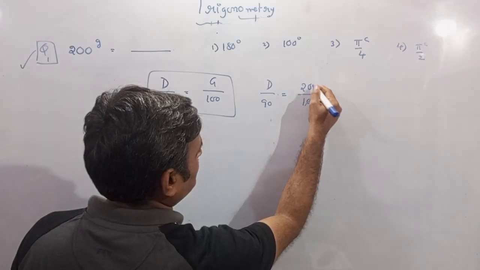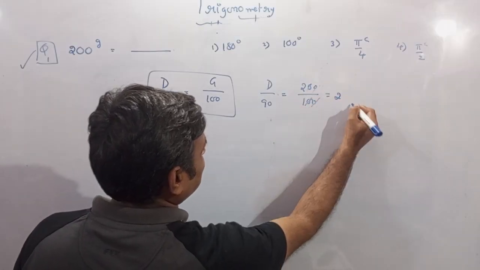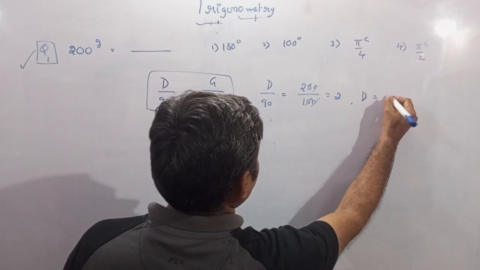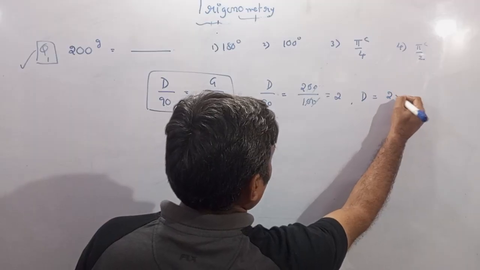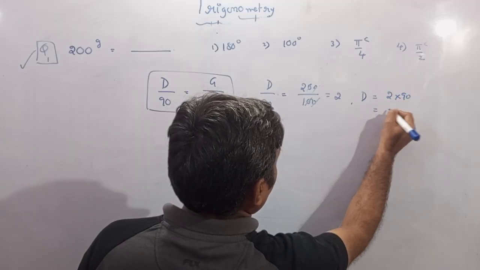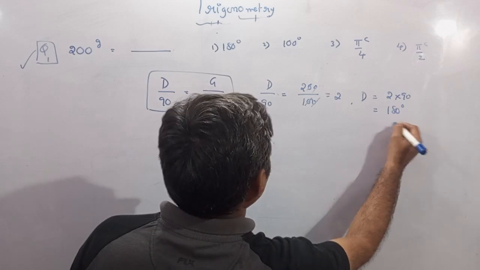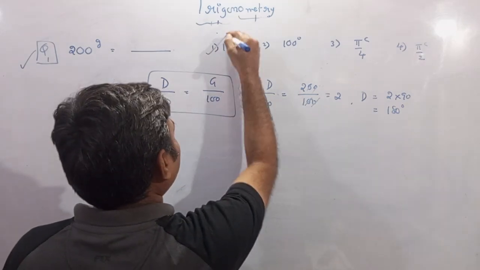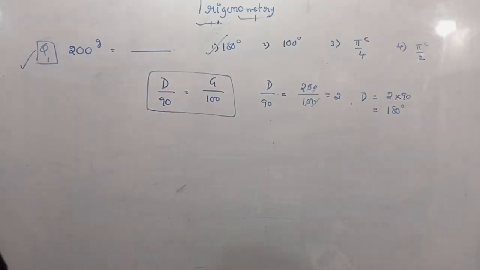So then the degree answer is 2 into 90, that will become equal to 180 degrees. So 180 degrees is the right answer for this question.